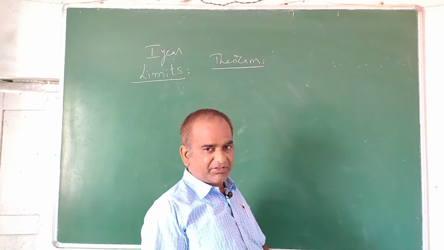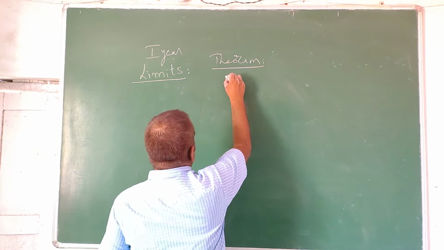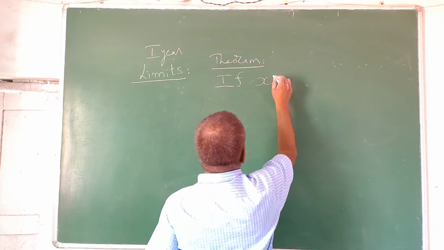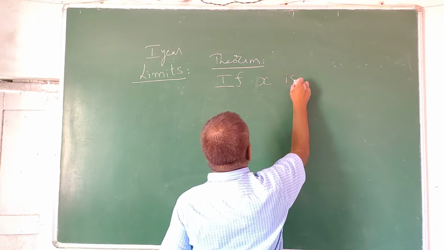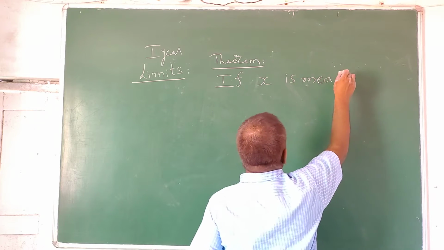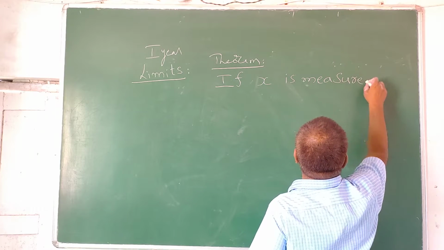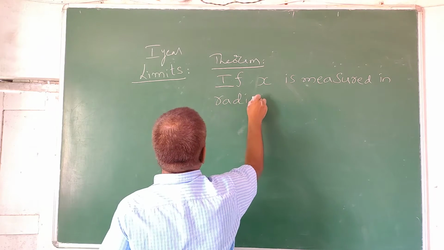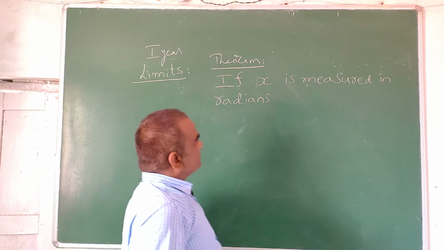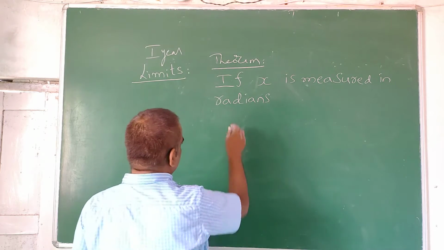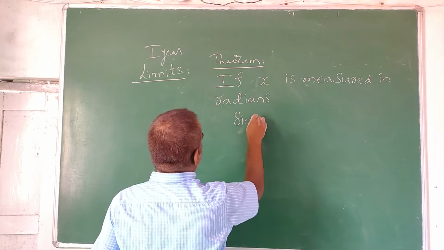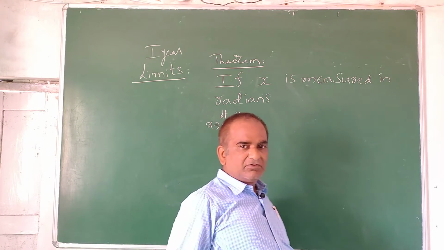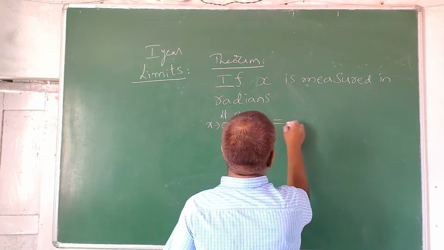in exercise problems. The theorem is, if x is measured in radians, first, limit x tends to 0 of sin x is equal to 0.